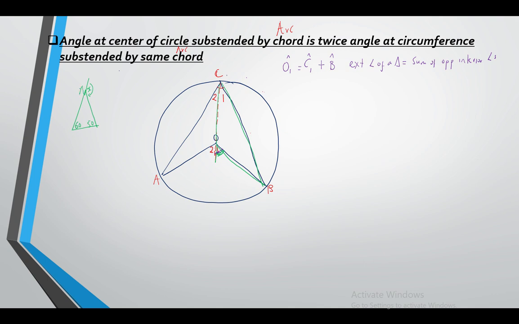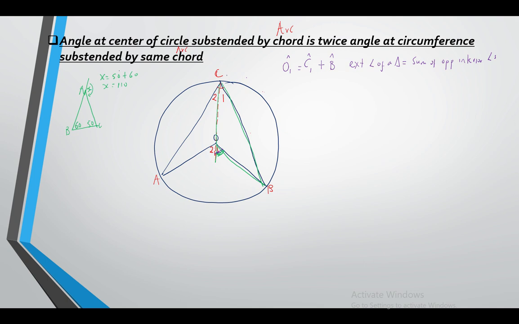Let me call it triangle ABC. The exterior angle of a triangle is the sum of the two opposite interior angles. You leave out the angle closer to x. So x equals 50 plus 60, so x equals 110.